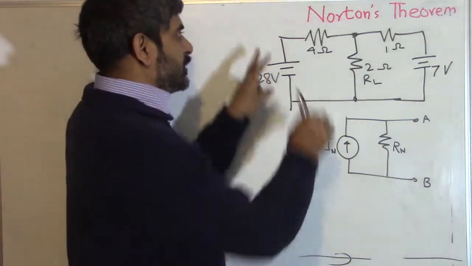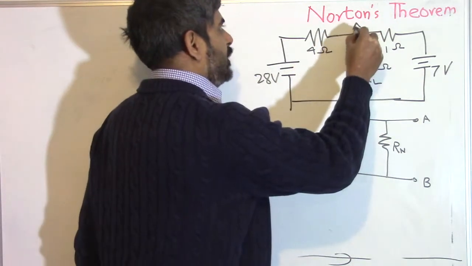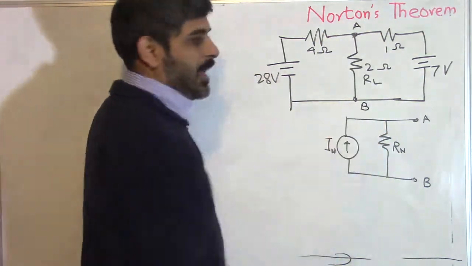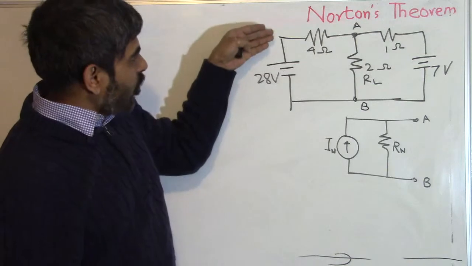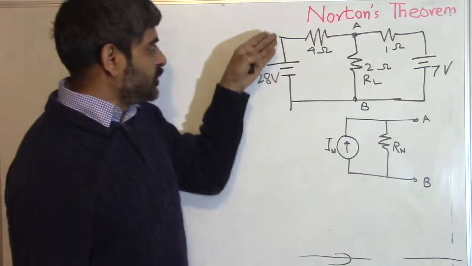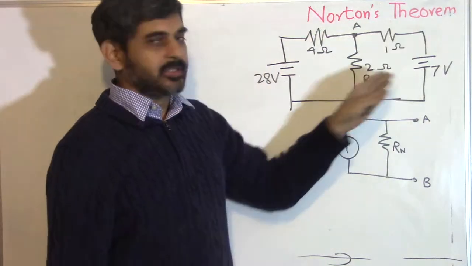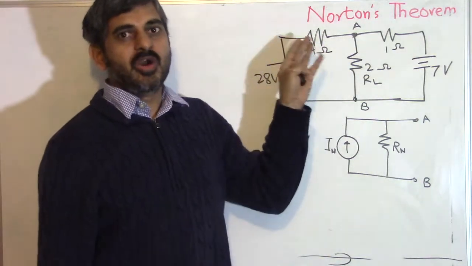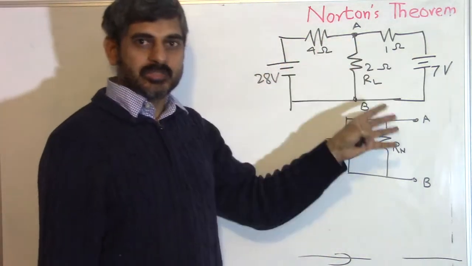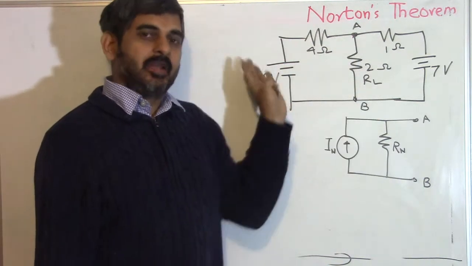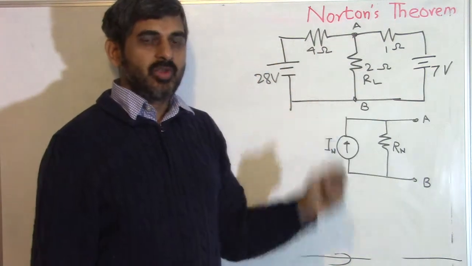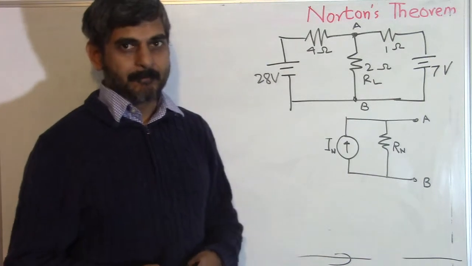To do this, take the points A and B in this circuit, and mentally replace all the voltage sources with a short circuit. Short circuit this, short circuit this. In this circuit there is no current source, but if there is a current source in a complex circuit, replace it with an open circuit.